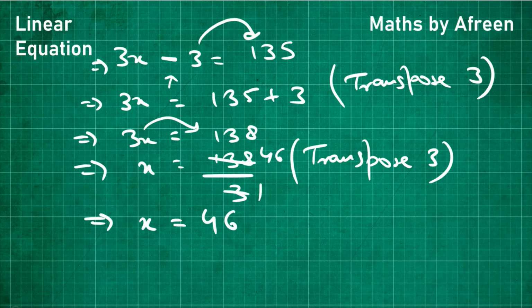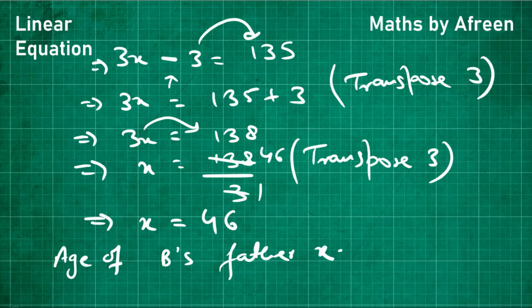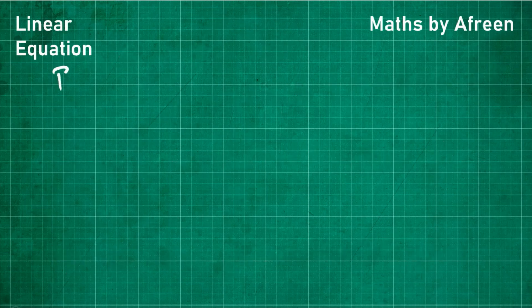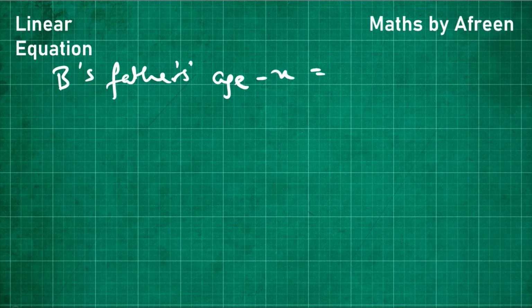So this is the value of x, and who was x? Bachung's father. So the age of Bachung's father was x, that means 46. I will write Bachung's father's age in the next slide again. Bachung's father's age is x and x equals 46 years.